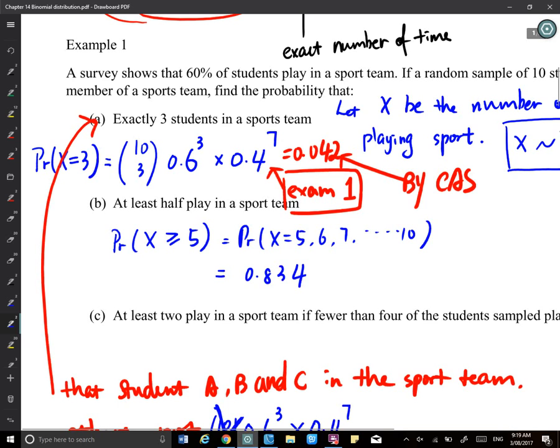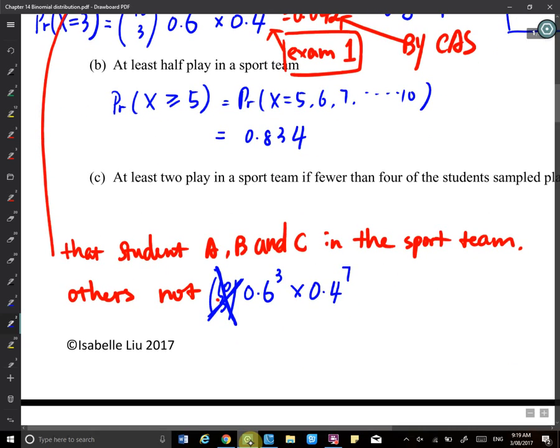But for A, the way it's asking, there are multiple ways I can have 3 students play in the team. So 1, 2, 3 play, 3, 4, 5 play, 1, 2, 4 play. There are multiple ways of achieving 3 students playing in the sport team. But the way it's asked in, let's say D, there's only one way I can achieve that. So instead of a 10C3, I will have a 1 in the front.